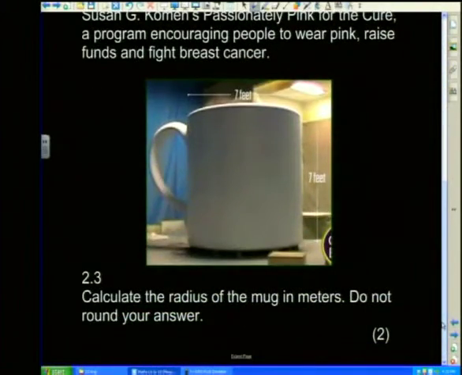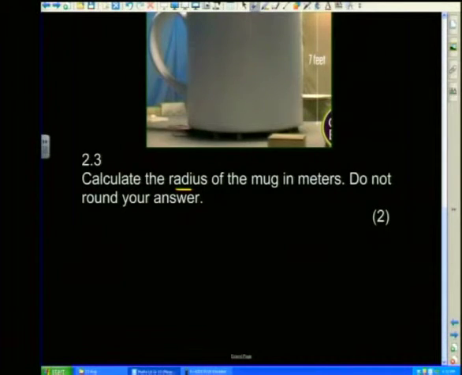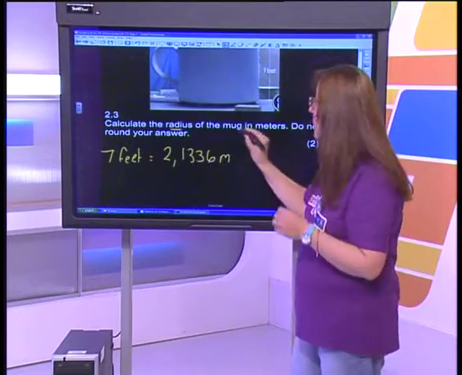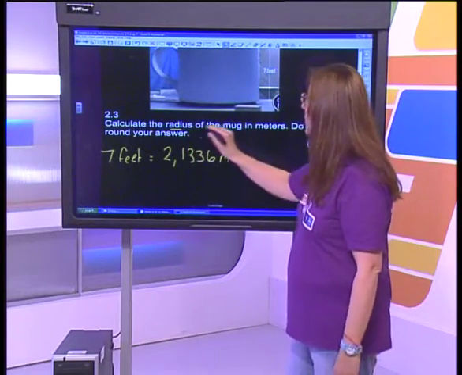Right. Calculate the radius of the mug in meters. Do not round off your answer. Now, we have calculated 7 feet in one of our previous questions. So I'm going to try and get that. It was 2.1336. We've already calculated that. So now we want to calculate our radius.